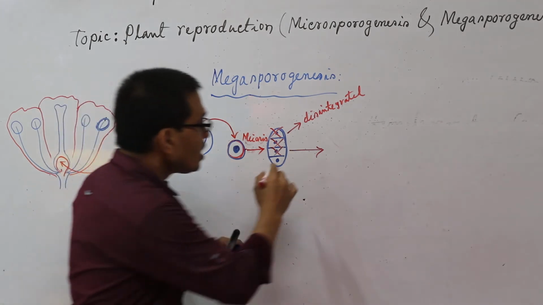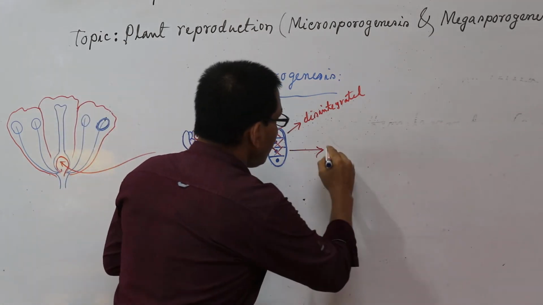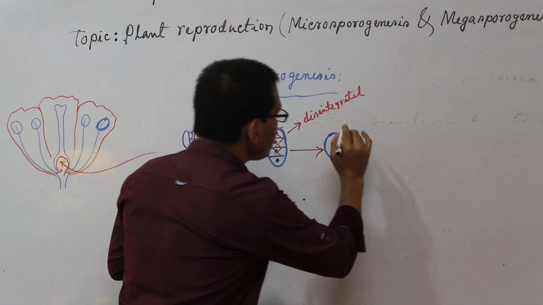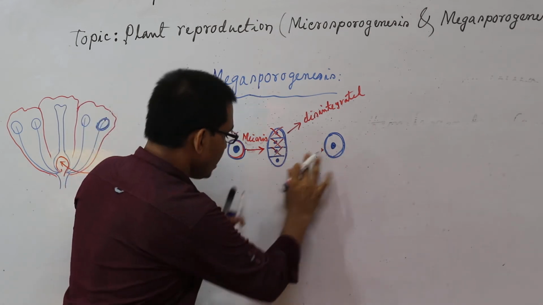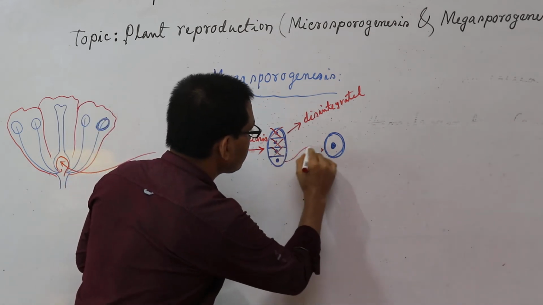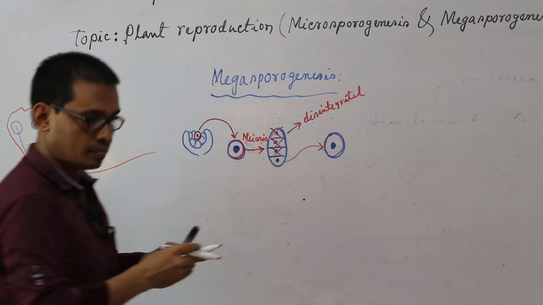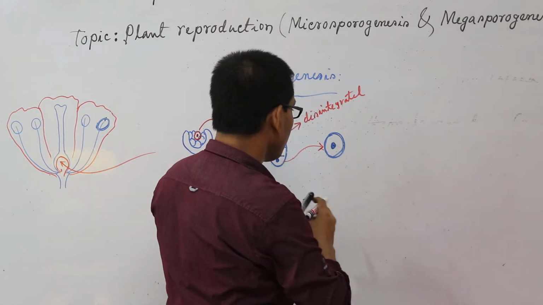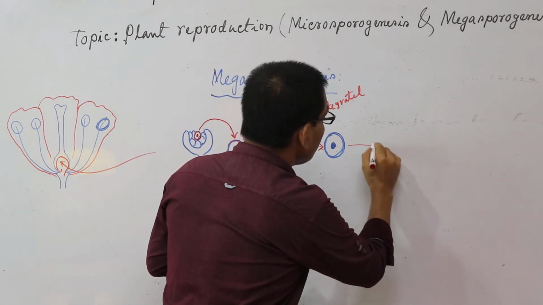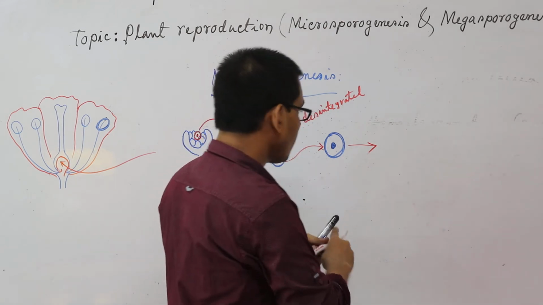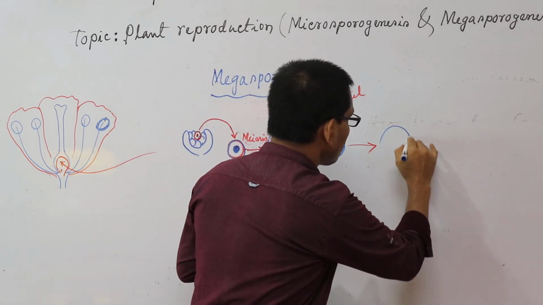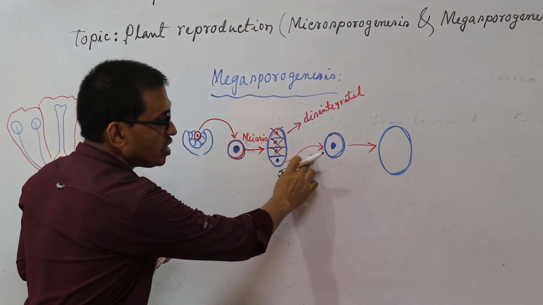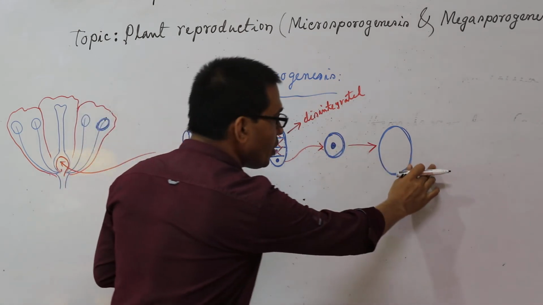This smaller one again gets larger, and it basically forms embryo sac. This smaller one gets larger and forms embryo sac.